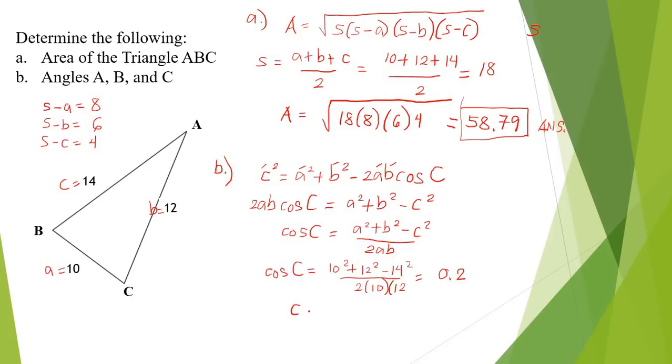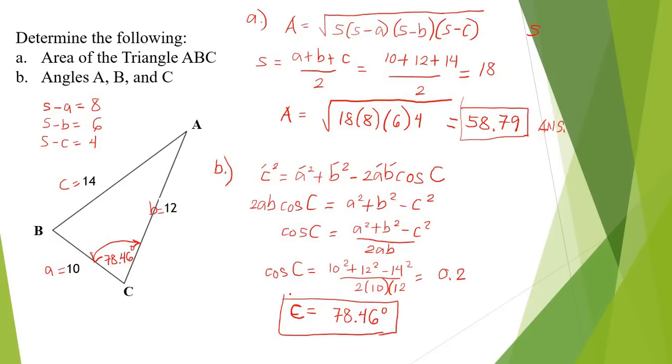And solving for the value of our angle C gives us 78.46 degrees. Okay, so our C should be 78.46 degrees. So this should be the angle for C.